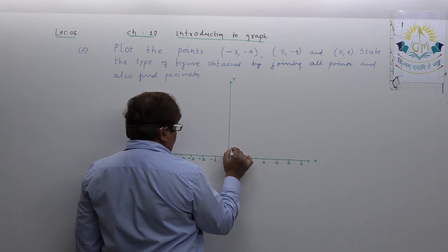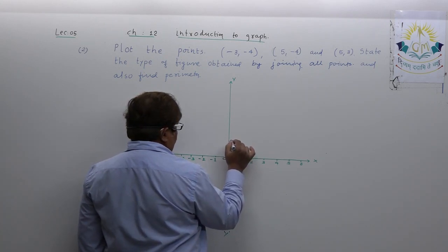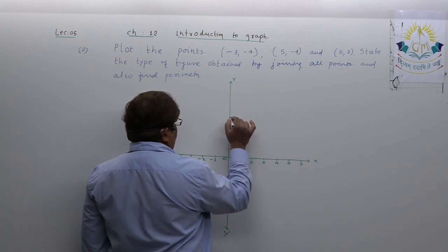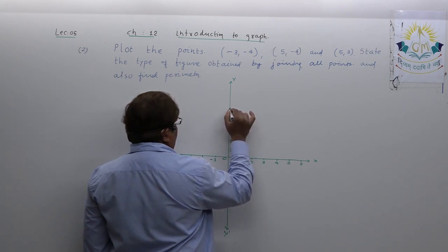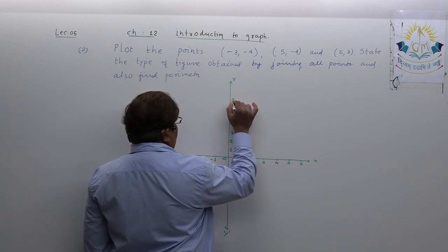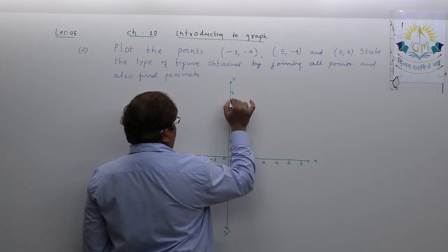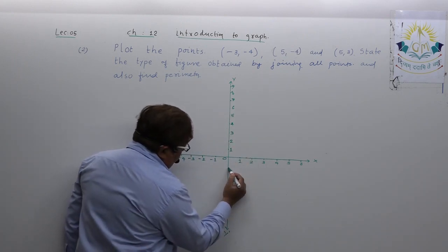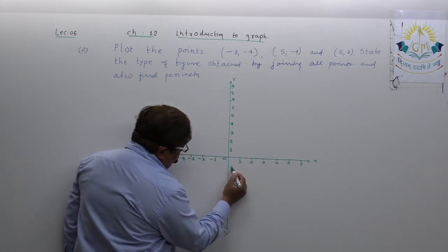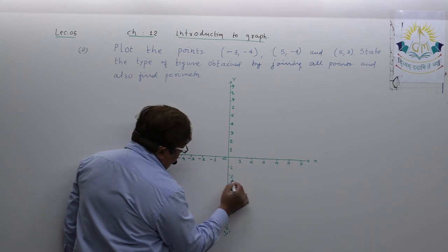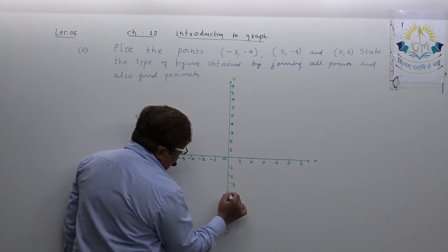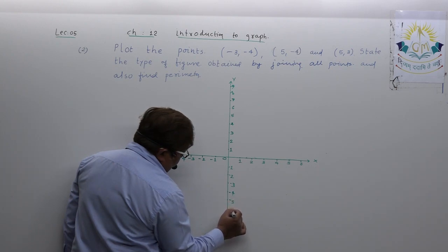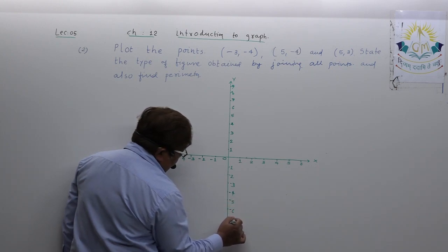Positive y coordinates: 1, 2, 3, 4, 5, 6, whatever the box availability. Then here negative y coordinates: -2, -3, -4, -5, -6, -7.